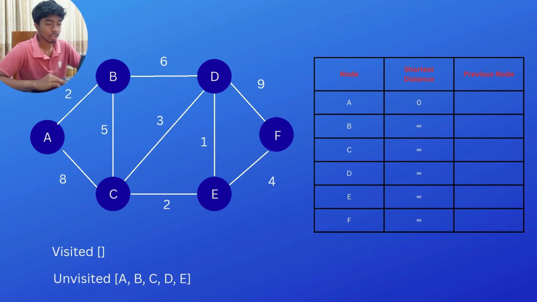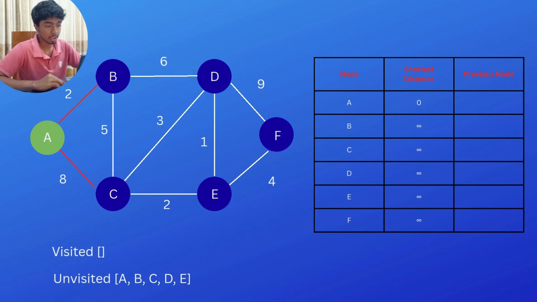Since we are at the node A, we start by calculating the distance to all unvisited neighbors of A. The distance from A to B is 2 and the distance from A to C is 7. And now we can update our table on the right.